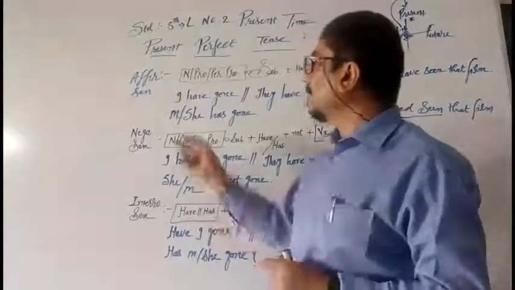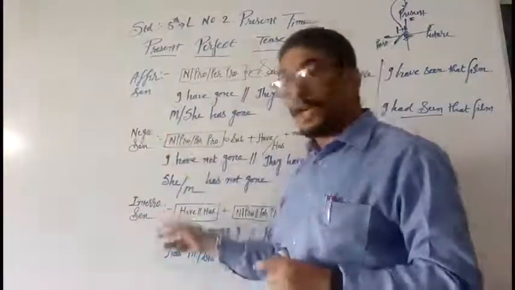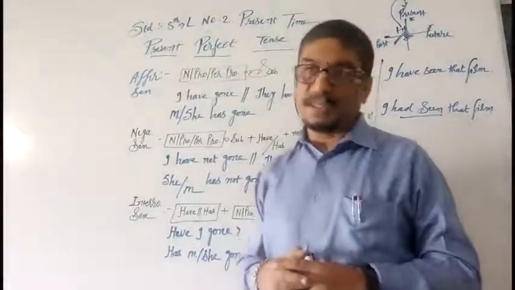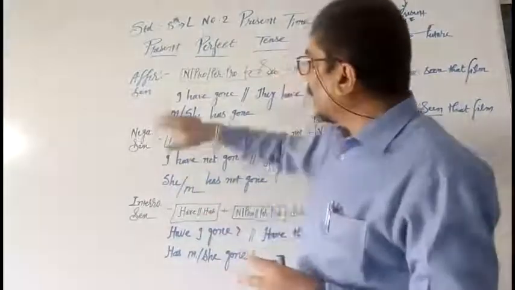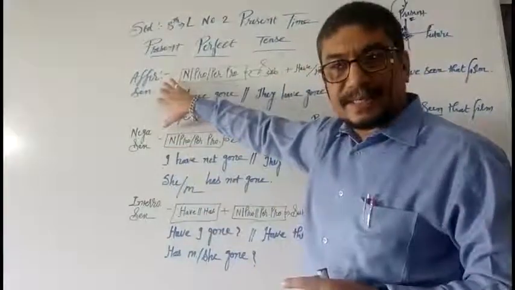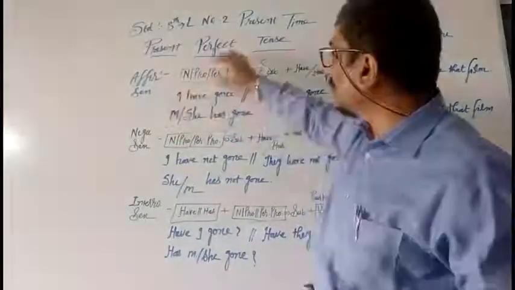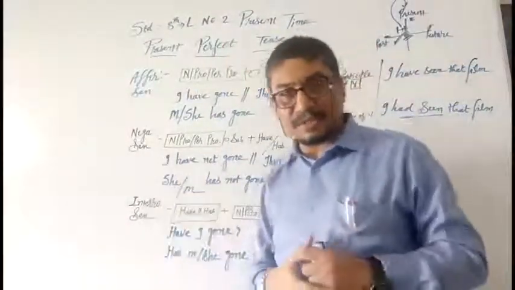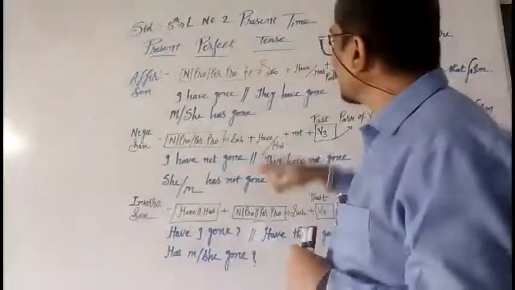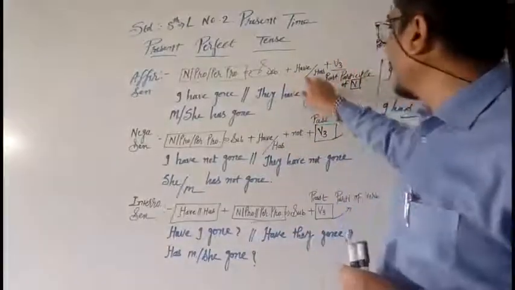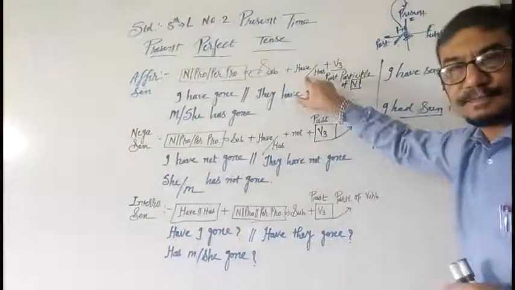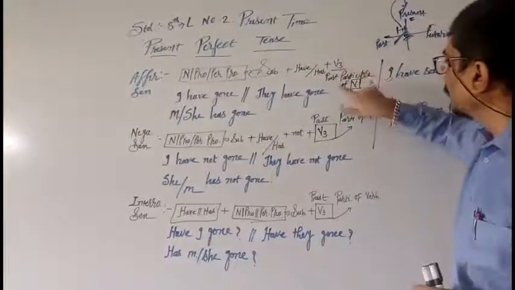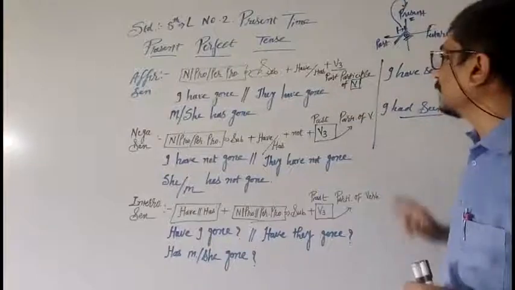We will move ahead with the affirmative, negative and interrogative sentence formula of this tense. So far as the affirmative sentence is concerned, a noun, pronoun or personal pronoun can be in the place of the subject, plus have or has, plus V3 form, that is also known as the past participle of the verb.